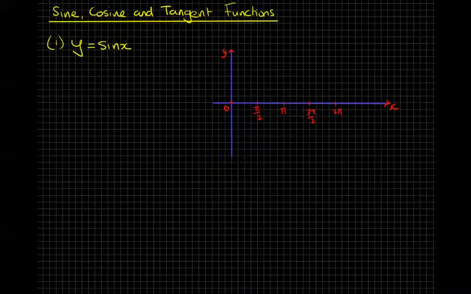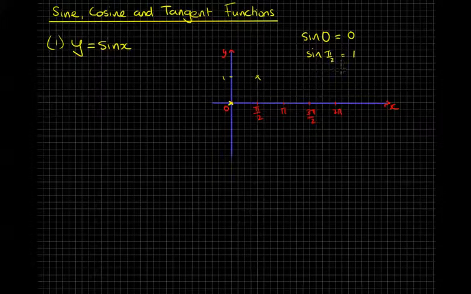Now let's go through the key values. Sine of 0, 0 degrees or 0 radians, is 0. So the sine wave starts here in the middle. Sine of pi over 2, or sine of 90, is 1, so that's 1 unit up.